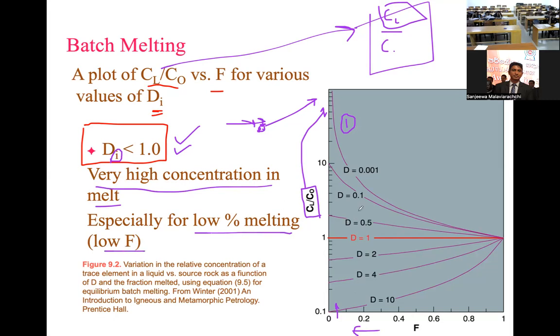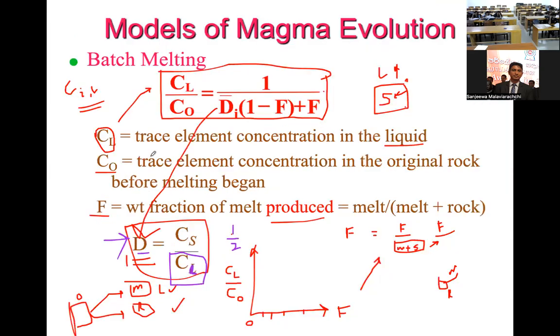So you can see the less incompatible element. In this case, D is 0.001. That means your partition coefficient, 0.001, is one thousandth compared to the solid composition.